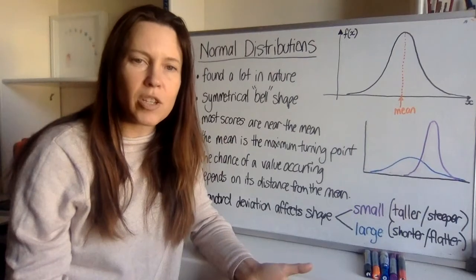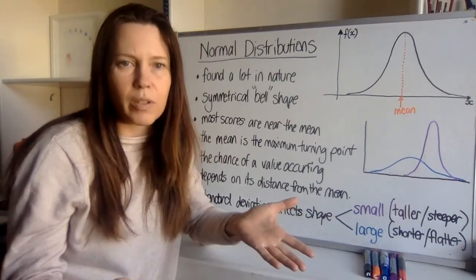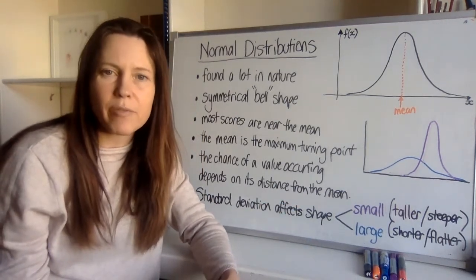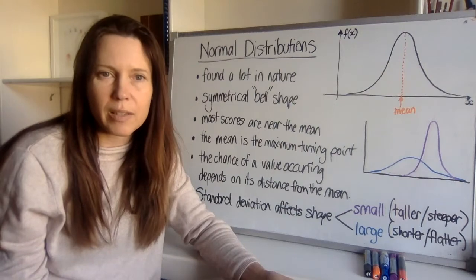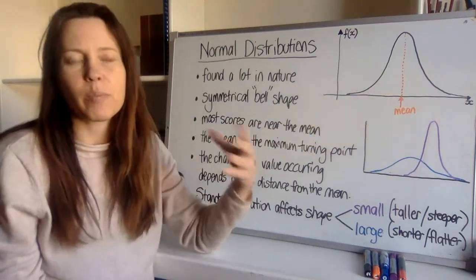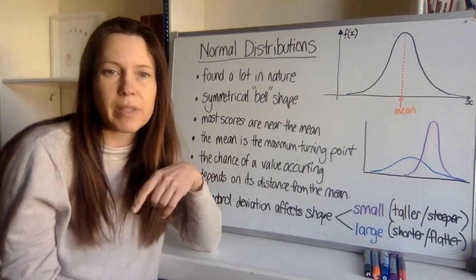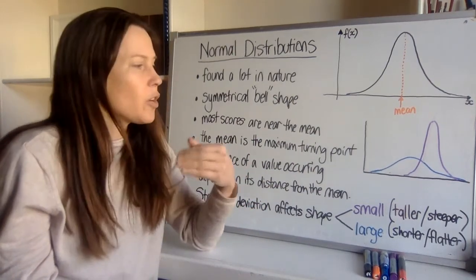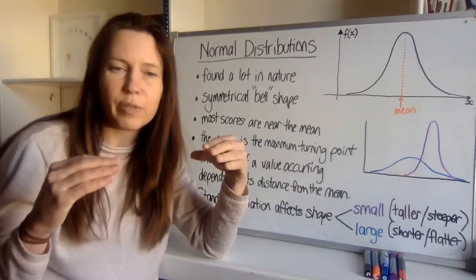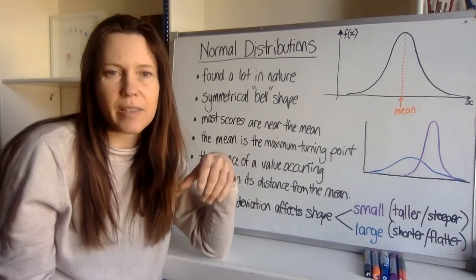Now, when we measure something, the relative frequencies are all going to add up to a certainty. We've already seen that when we graph a probability density function with continuous data, the area underneath the curve gives us information about the probability of that range of values occurring. And the same thing happens here with normal distributions. So whether a curve is taller and steeper or shorter and flatter, it will still have that same area underneath the curve.